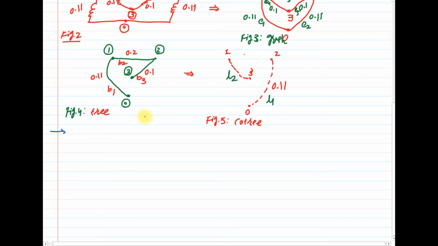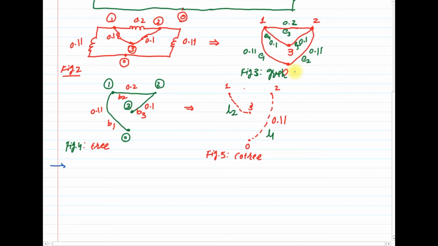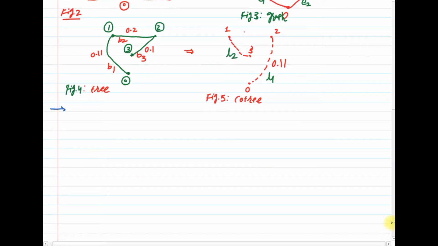So here total 5 elements are there in our graph. So total 5 steps or 5 modifications will be required to formulate the Z-bus matrix.